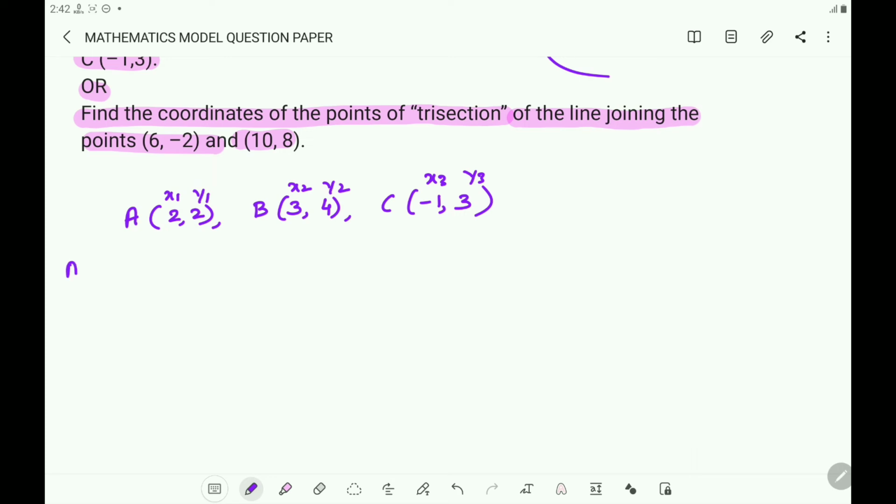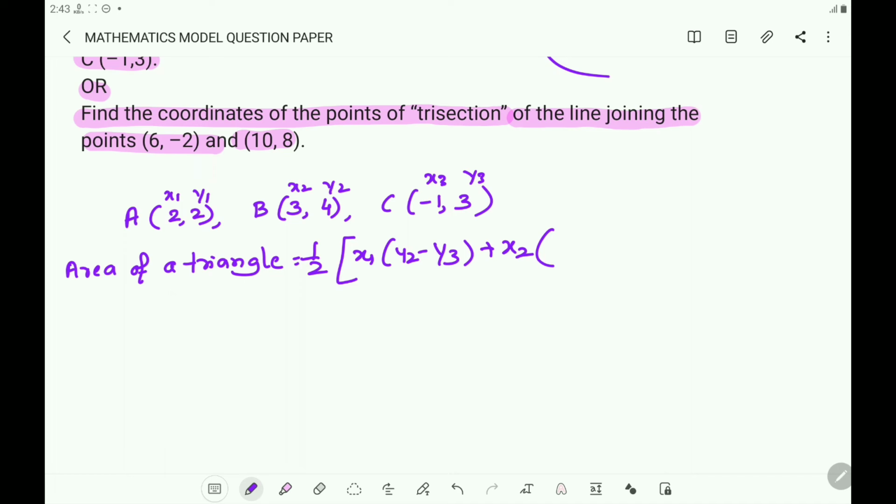Then area of a triangle. Write the formula of area of a triangle equals 1 by 2 into x1 into y2 minus y3 plus x2 into y3 minus y1 plus x3 into y1 minus y2.